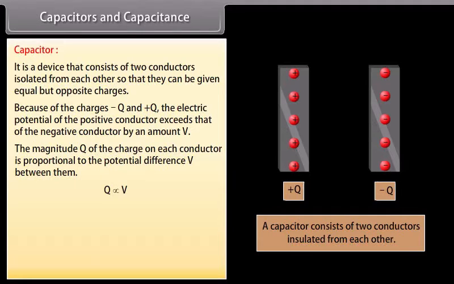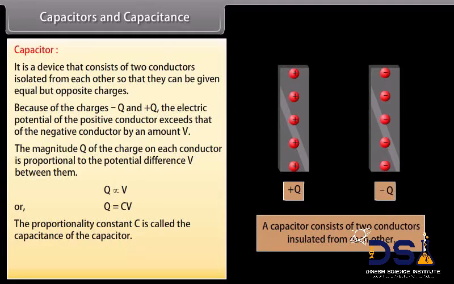Q is directly proportional to V, or Q is equal to CV. The proportionality constant C is called the capacitance of the capacitor. C is equal to Q by V.